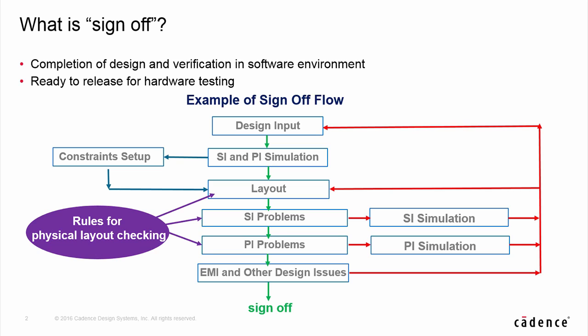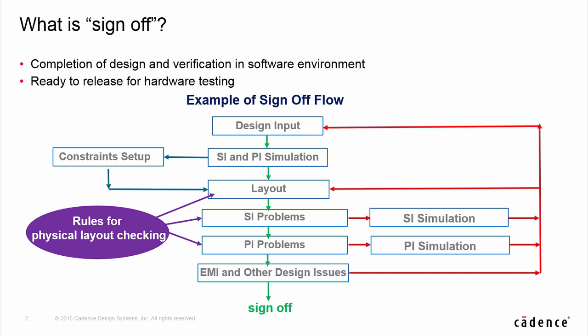Here is an illustration of typical sign-off flow. You can see that in the different design stages, SI-PI simulation first helps extract and set up design constraints. After the constraints are implemented on the board, rules for physical layout and routing will be examined to see if all the constraints are correctly done on board.